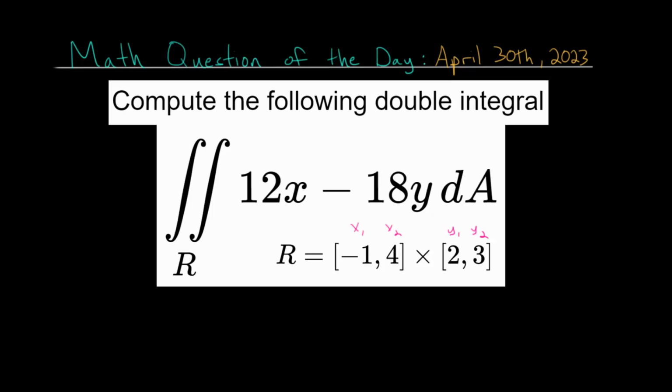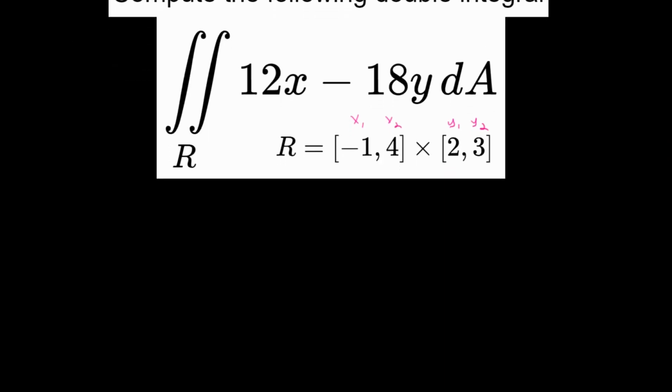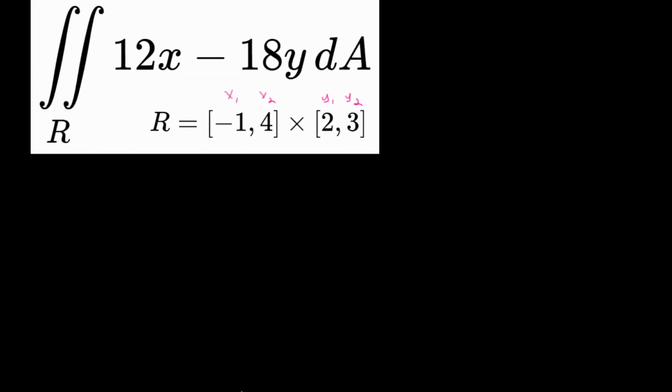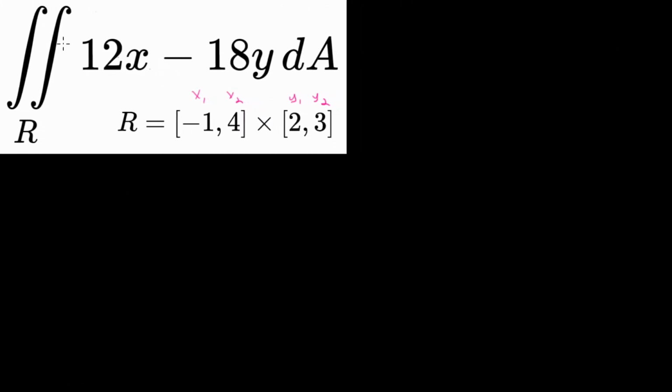Now, assuming that you have attempted the problem, let's start working through it. It will first be helpful to remember what a double integral is actually computing. For starters, we have this region, which is a rectangle on the xy plane.